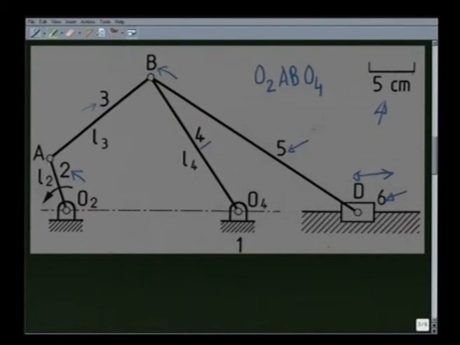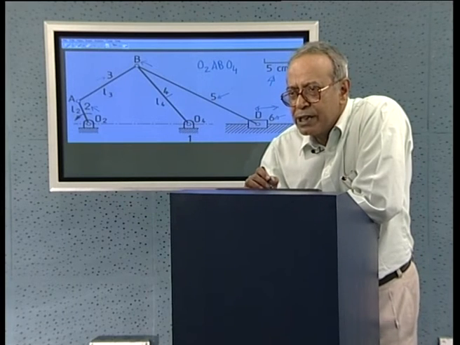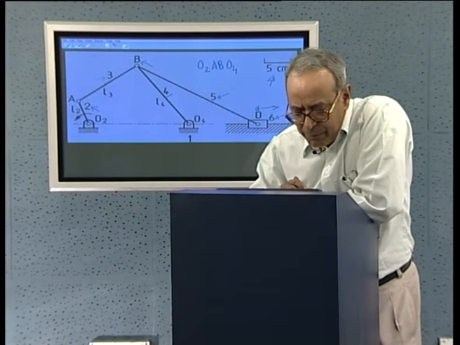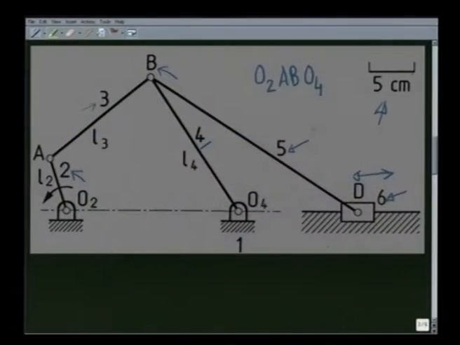Now, for this problem, first we have to see that the 4 link mechanism O2ABO4 happens to be a crank rocker, because the maximum link length O2A4, which I may call L1, that is L max, and L2 is L min, and L max plus L min is less than L3 plus L4, that is the other 2 link lengths.